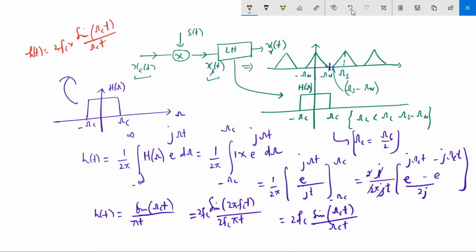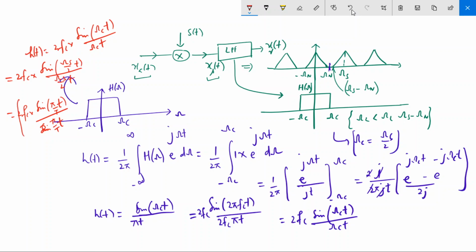Okay, so if you choose omega c as omega s by 2, in that case you can further reduce it to 2 fc into sine of omega s by 2 t divided by omega s by 2 t, or you may also write it as 2 fc, where omega s is 2 pi by T. So if you write here 2 pi, the 2 will get cancelled, and you will get sine of pi by capital T into t divided by pi by T into t.